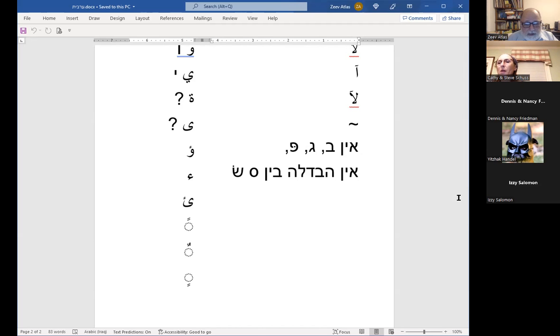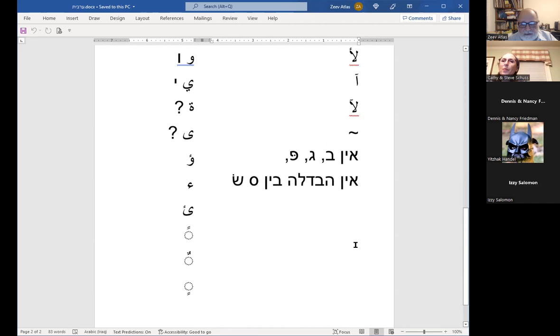Vet, gimel, and pay, they don't have, at least not in the original alphabet. Since the alphabet is used in Urdu, they added several more letters because Urdu is not a Semitic language, and they needed that. So this is the basic Arabic alphabet.